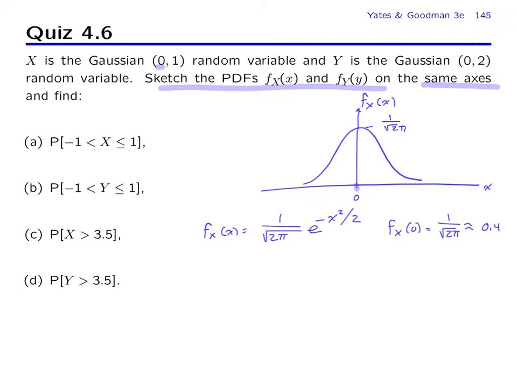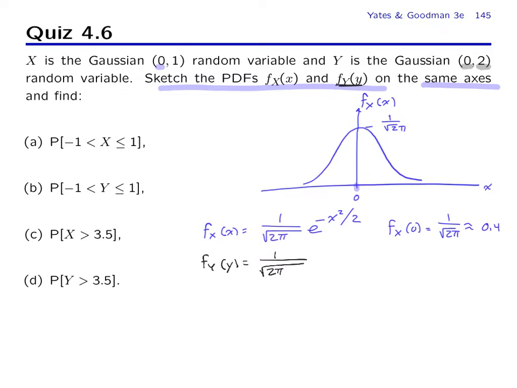And now we'll choose a different color ink and try to draw the PDF of y. So y is also Gaussian. The mean is 0, but its standard deviation is 2. So we can write down the PDF of y. f_Y(y) is 1 over square root of 2 pi.